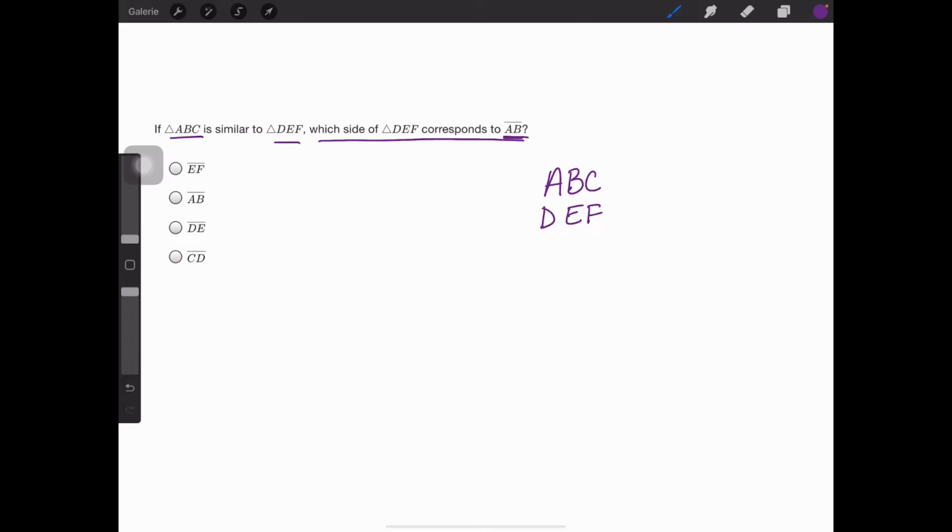So let's find where AB is. AB is right there. So I'm going to draw a rectangle around AB and whatever letters are underneath it. That tells me that the side corresponding to AB will be DE. So I find DE, that is my answer.